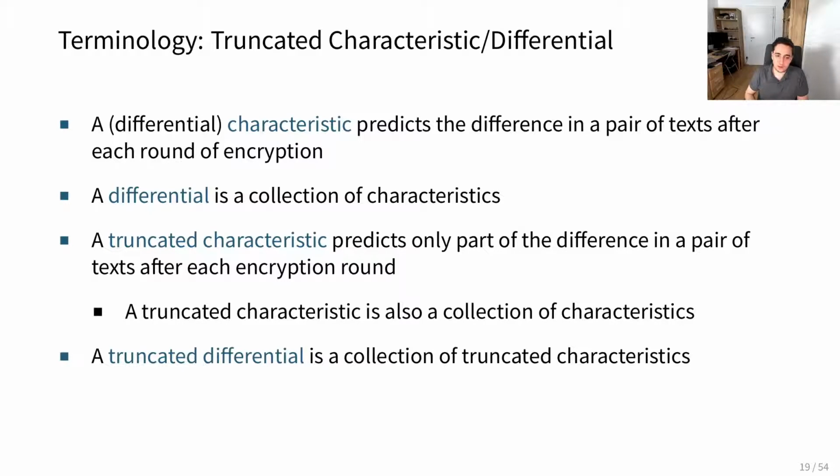And the final definition is the truncated differential, which is a collection of truncated characteristics. They are a collection of simple characteristics. So intuitively, this makes it a bit more clear why a truncated differential has such a large probability, because it collects many different combinations and possibilities in order to have this truncated difference in the end. So that's the idea.